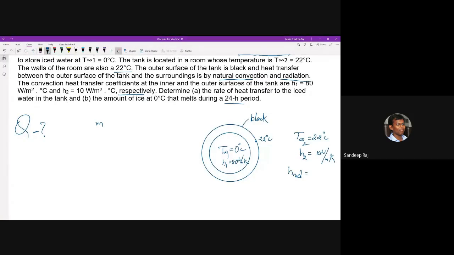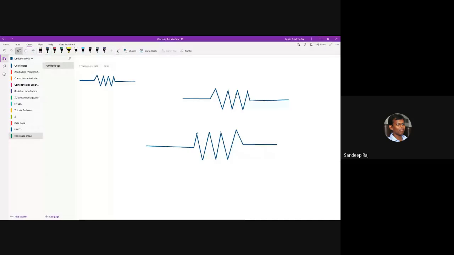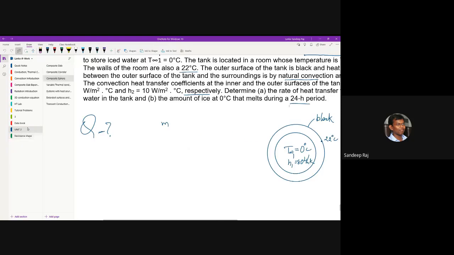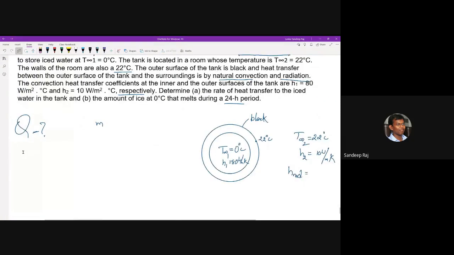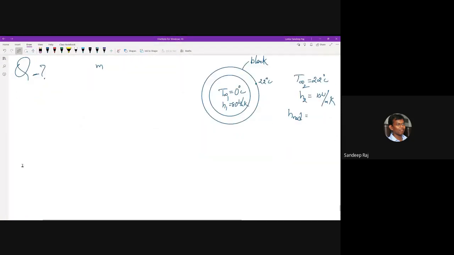So what I have to do? I have to draw the resistance circuit appropriately. So let me take this resistance shape. So this is the first resistance.